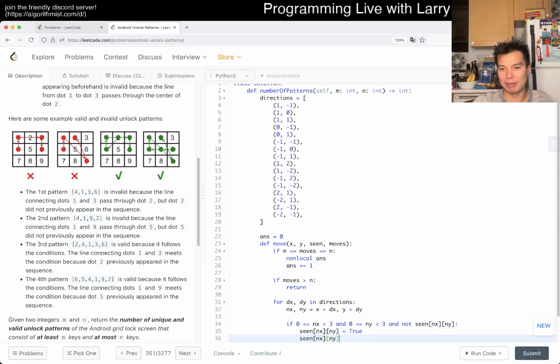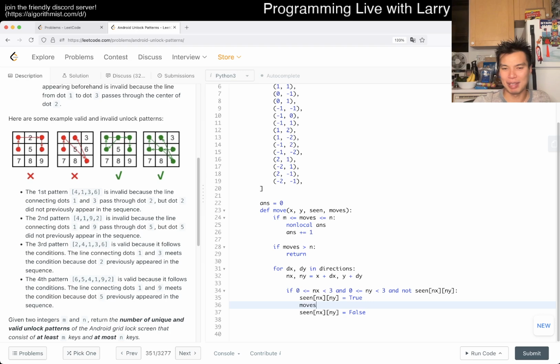This is backtracking, by the way. I don't know if I said that explicitly, because in my mind I call it something else. Then seen and moves plus 1, right? That's pretty much it. This is classic backtracking. And then now we start at each cell.